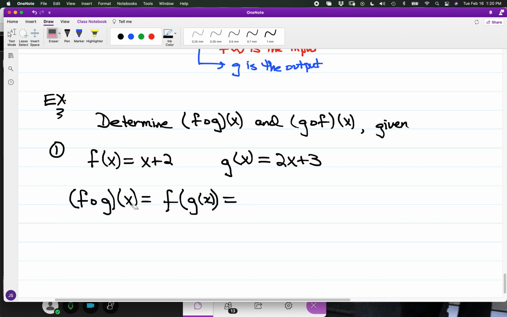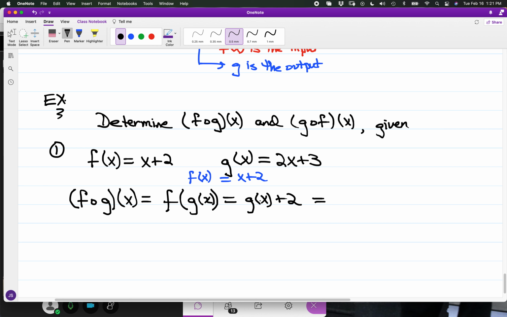Now if you notice, you have your output function, along the lines of f. Now again, f of x is equal to x plus 2. But guess what? For f of g of x, instead of x, your input is now g of x. So f of g of x is going to be equal to g of x plus 2.